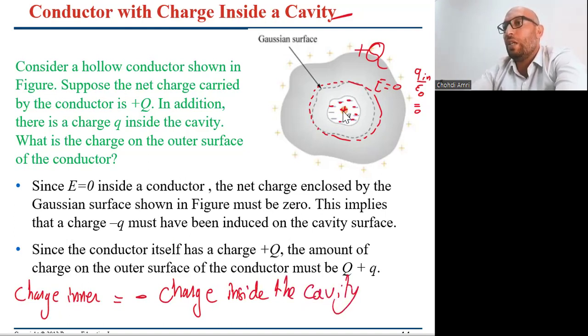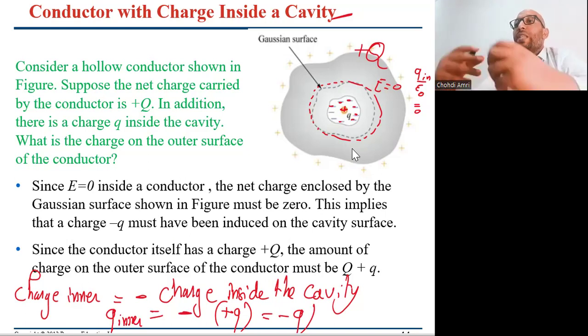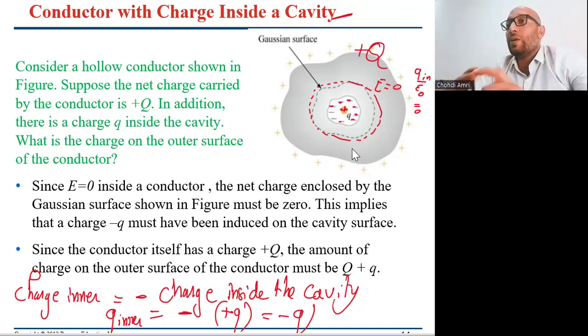The charge inside the cavity is plus Q. So the charge on the inner surface, Q inner, equals minus Q. Why did we do that? To cancel this positive charge. And why do we have to cancel the positive charge inside the cavity? Because the electric field inside the conductor is zero, and to get that, we must have Q inside equal zero. This is the first point.